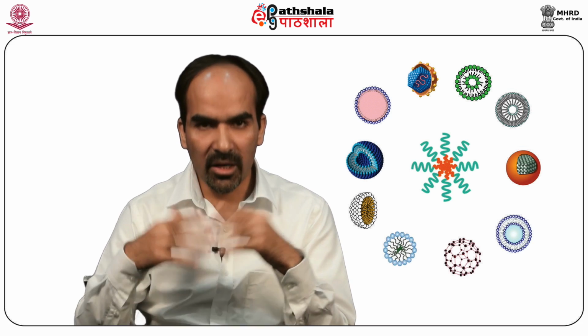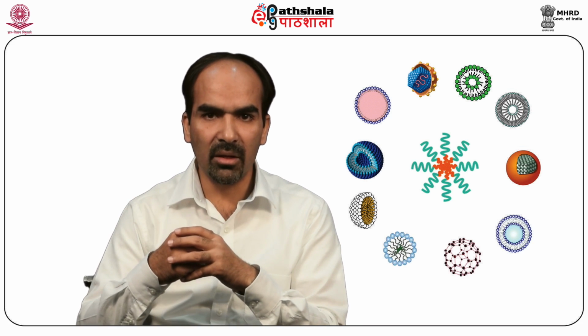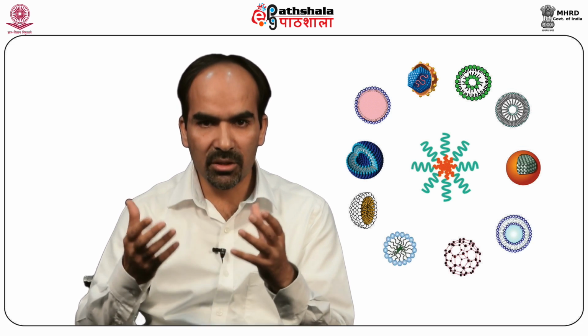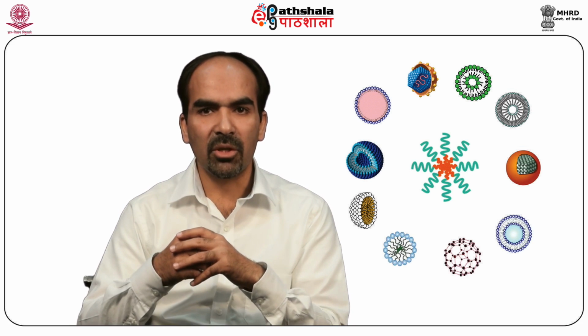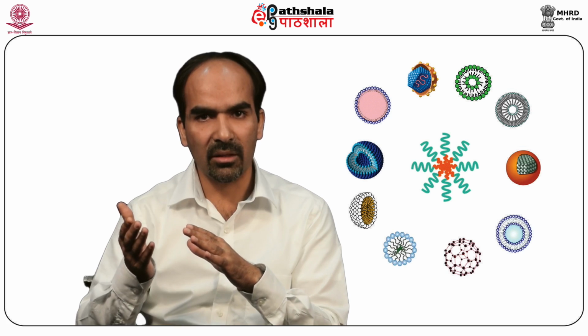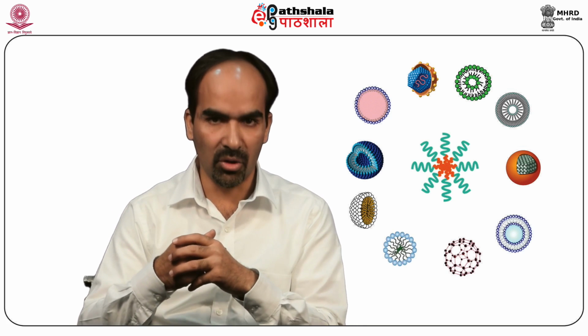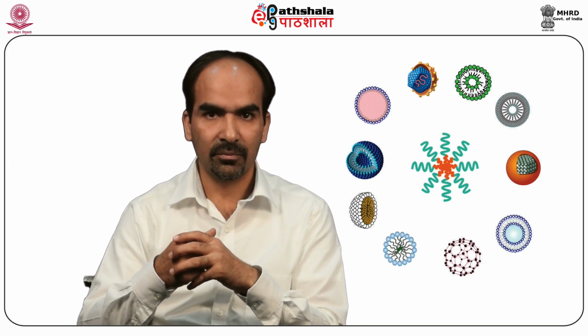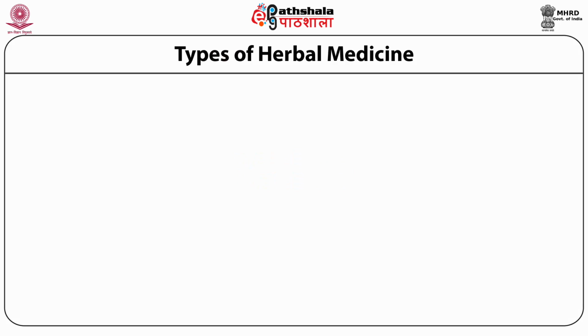So a variety of these medicines are available now. These preparations are available for the treatment of diseases in various traditional systems of medicine as well as in the modern system of medicine.